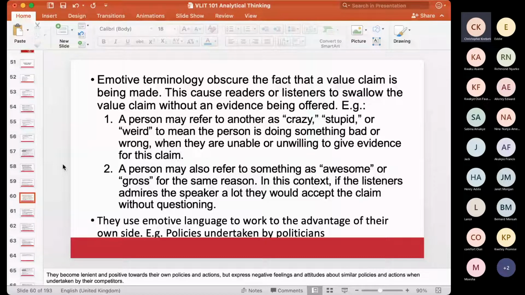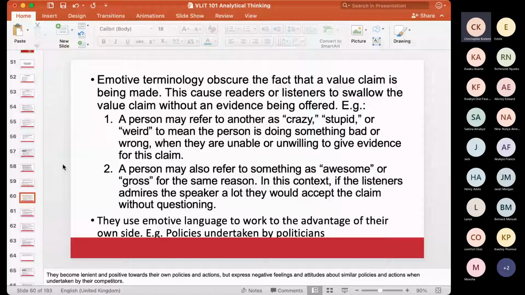But again, even the word crazy can be used for something positive. Young people today can describe a fantastic idea as crazy. That's crazy, you know. The person doesn't mean to be negative. The person wants to be positive, but he uses the word crazy, even the word weird, to mean something is fantastic, good, or excellent.